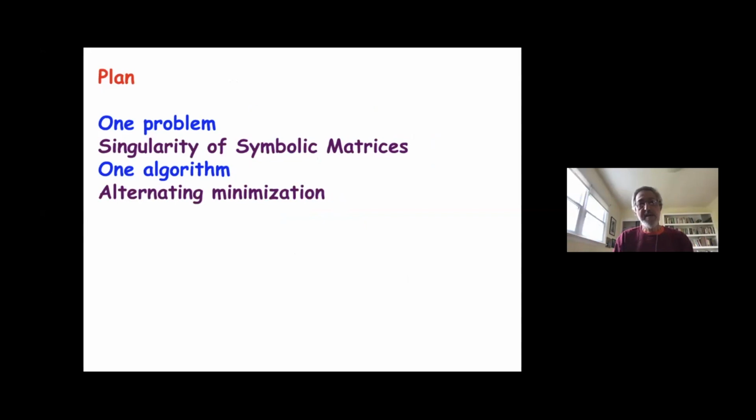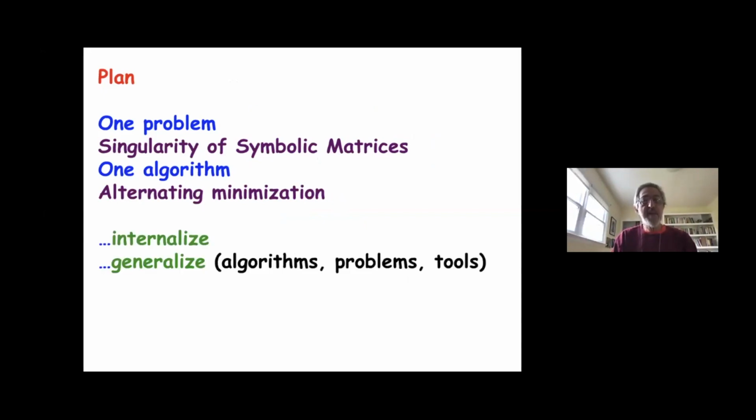I'll start like I always start with this very simple problem that I'll define. In fact, a simpler one, but the one problem we'll focus on in the first hour is the singularity of symbolic matrices, and one algorithm, which is the alternate minimization algorithm. And then we'll just internalize what we are doing.